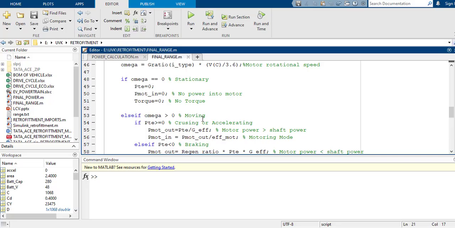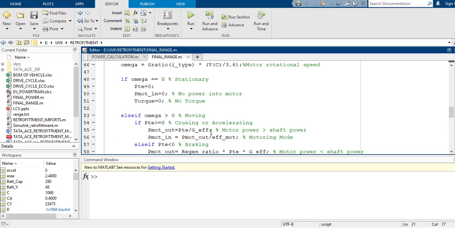But if we move our vehicle, when the PTE, meaning traction power, is in a cruising mode, we have to calculate our motor power. The output power is always greater than the shaft power, because in a shaft there are so many losses, that is rotational losses or some twisting losses, and it has some weight of that material.